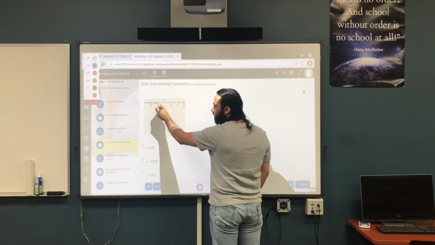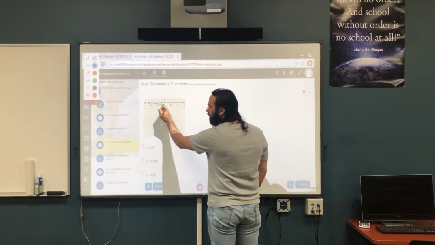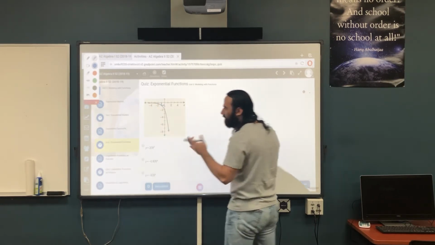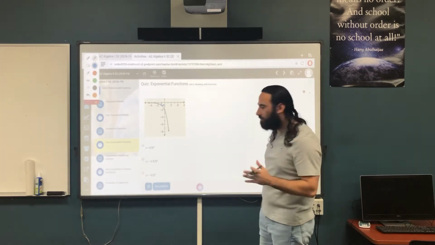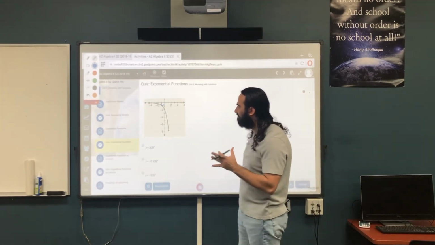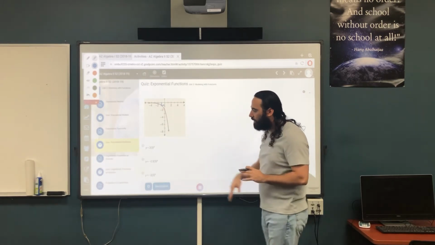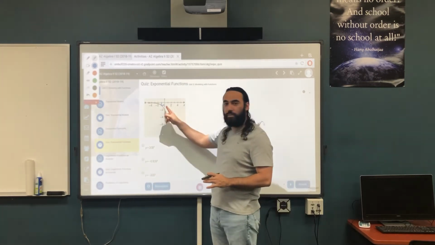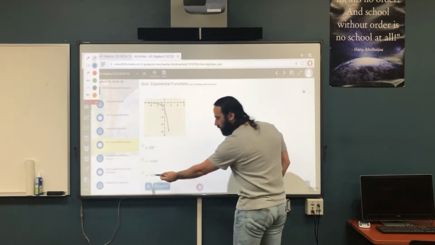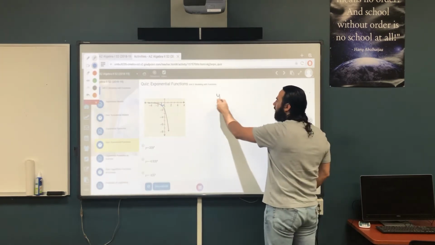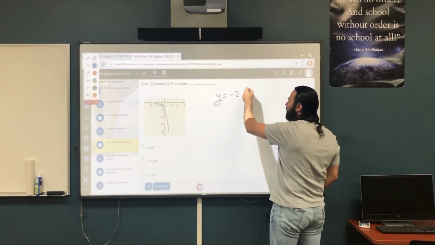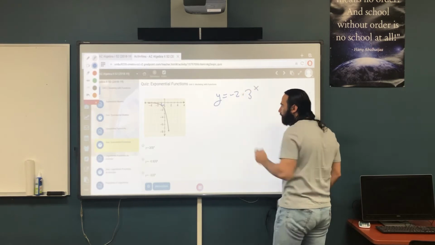The y value for negative 1 is how much? It's about negative 1, negative something like that. I can see about negative 1. It's not accurate, so we need to check which one gives us the closest y. Let's check this one: y equals negative 2 times 3 to the power of x.